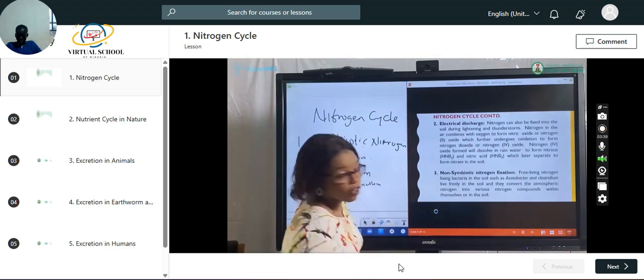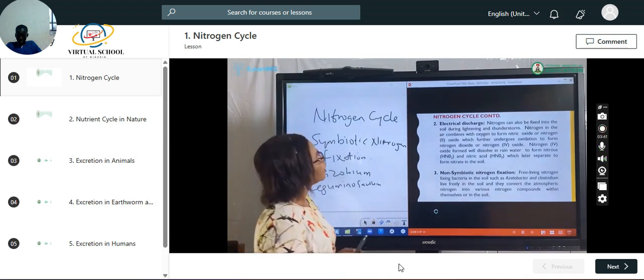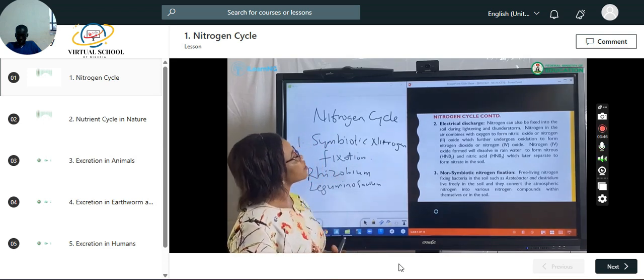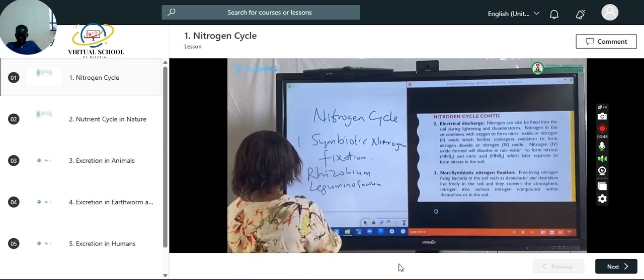Another way for nitrogen to be reshuffled in the atmosphere is through electrical discharge. Nitrogen can also be fixed into the soil during lightning and thunderstorm.